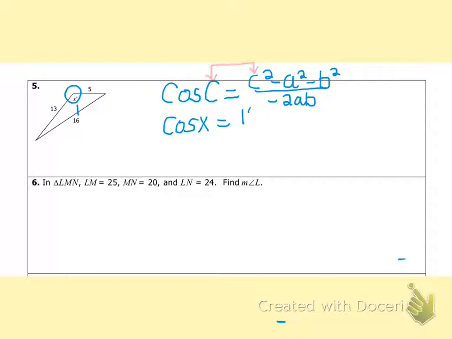So that's the number that goes in first. So 16 squared minus, and then either one can go next, 5 squared or 13 squared, all over negative 2 times 5 times 13. Notice again, we didn't use the 16 again. We used it just one time, because it was across from the angle we're looking for.